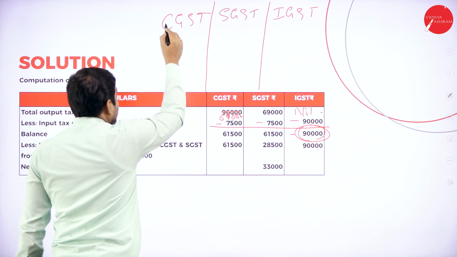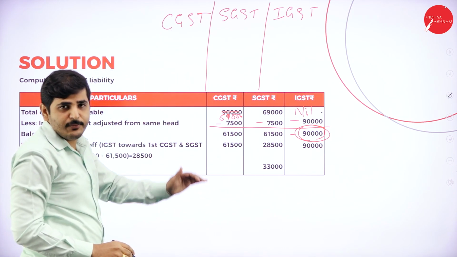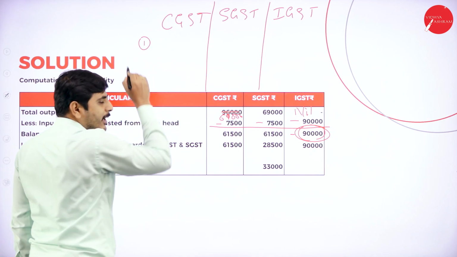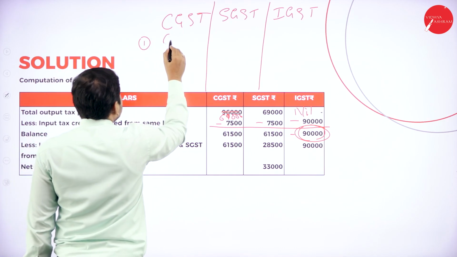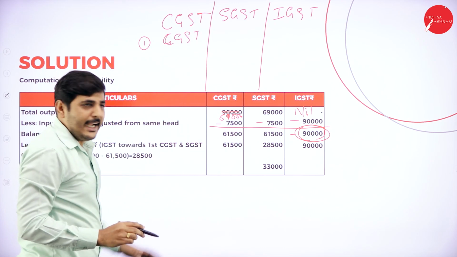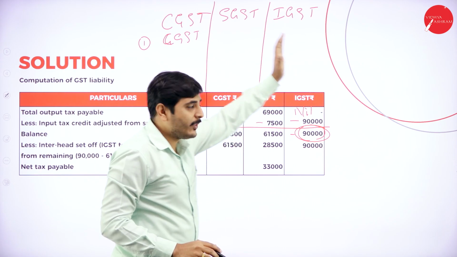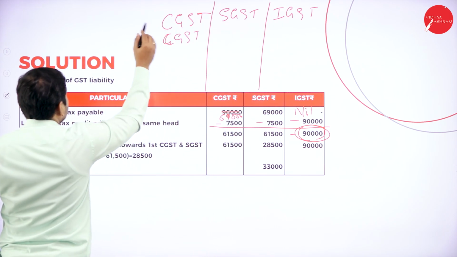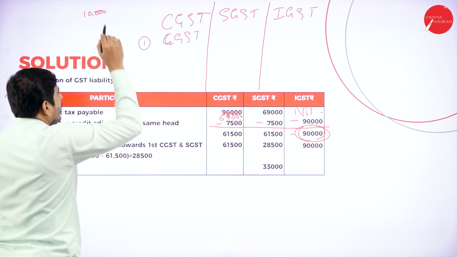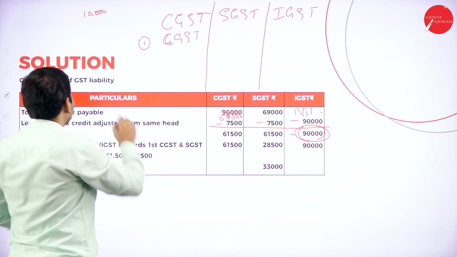So first, any credit available under CGST, first utilize for CGST only. Later we can go for IGST. For example, for CGST we have to pay tax 10,000. Now credit available under CGST is 20,000.